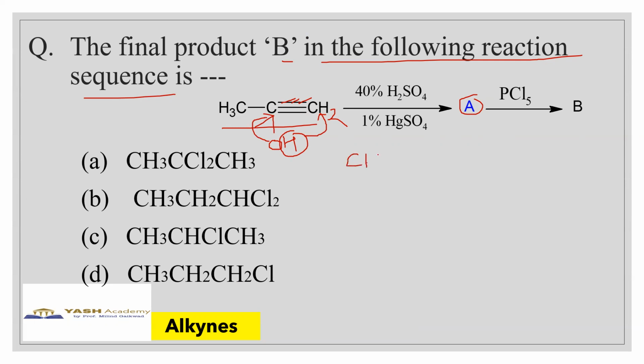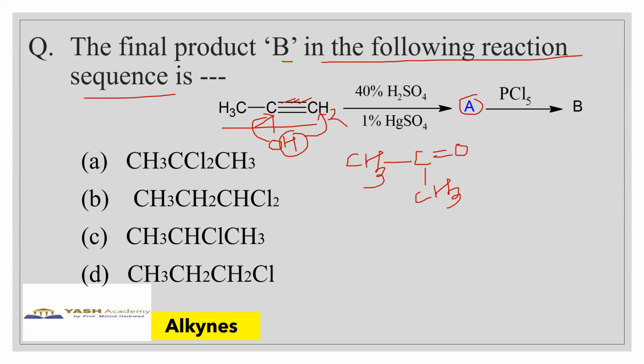So this is A, CH3 C double bond O CH3, acetone. This is the keto form and this is the enol form. The stable product is acetone.